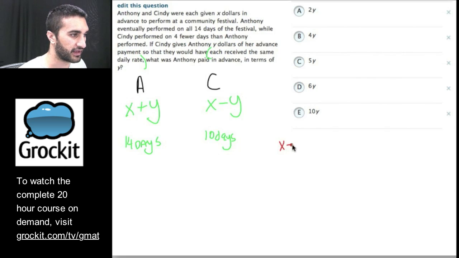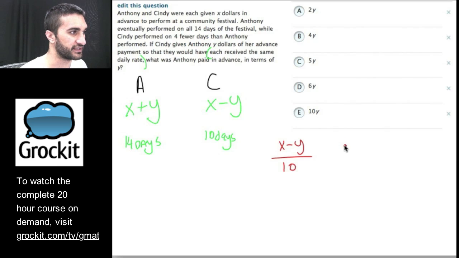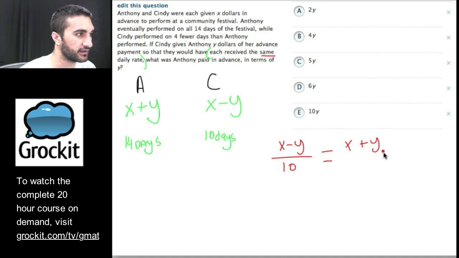So I should have x minus y over 10 as the daily rate for Cindy. They tell me that they want them the same, so same would be an equal sign, and this would be Anthony's daily rate.